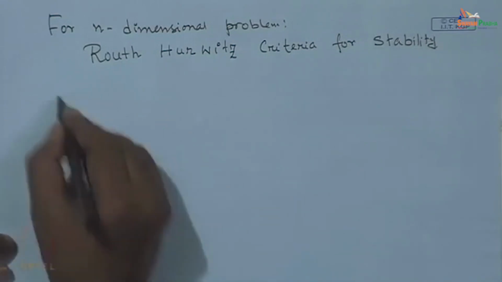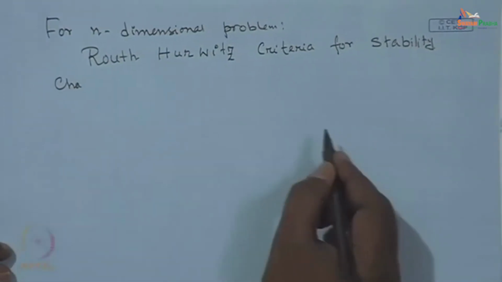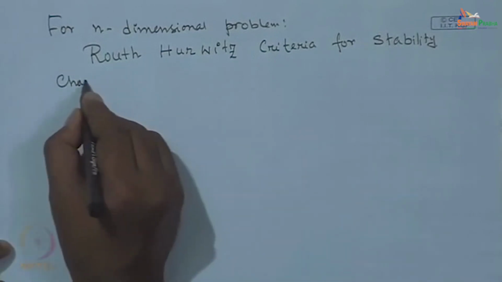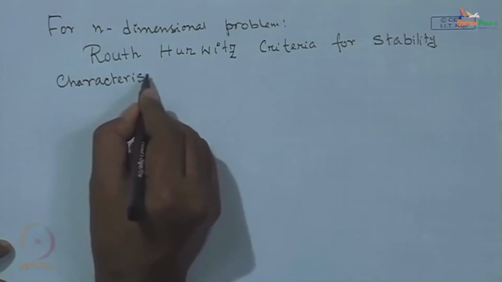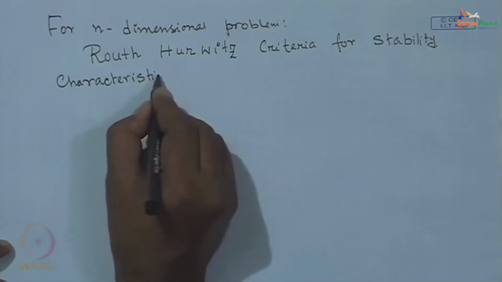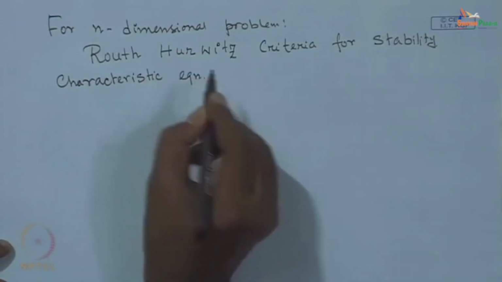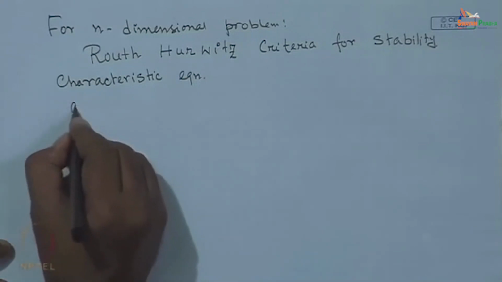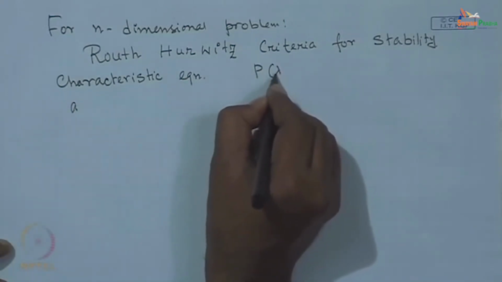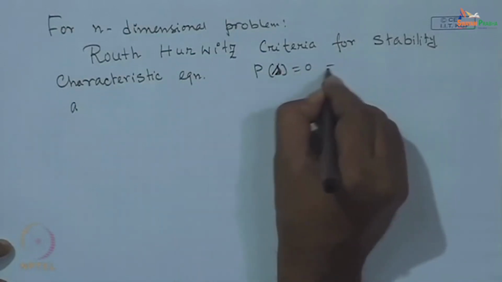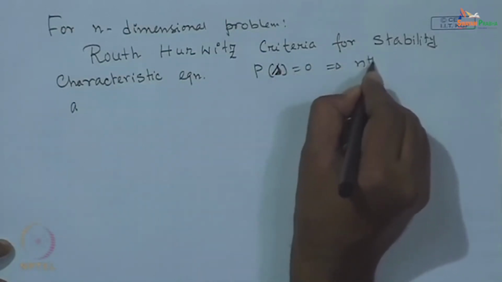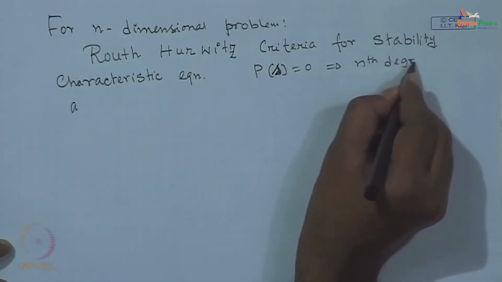The characteristic equation in this particular case for an n-dimensional matrix becomes a polynomial, maybe S is the root, nth degree polynomial.